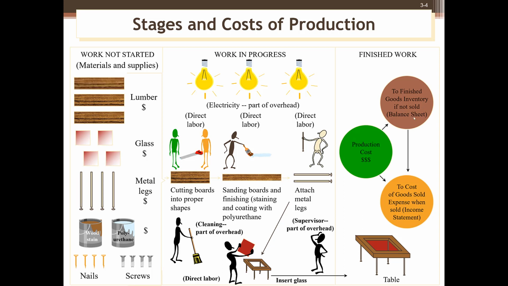After goods are sold, the cost of finished goods will be transferred to cost of goods sold, which is expense, and reported on the income statement. We will take a look at the whole process in detail.